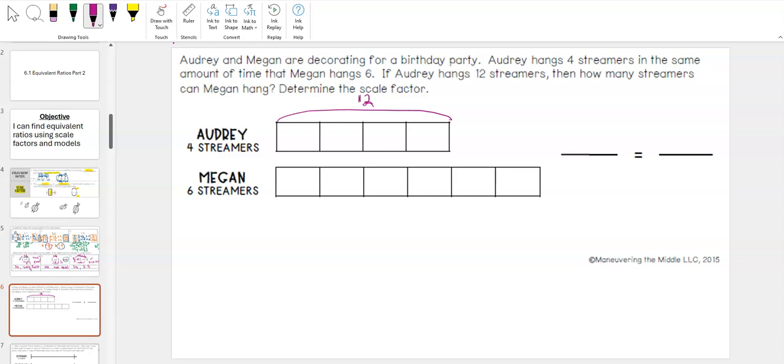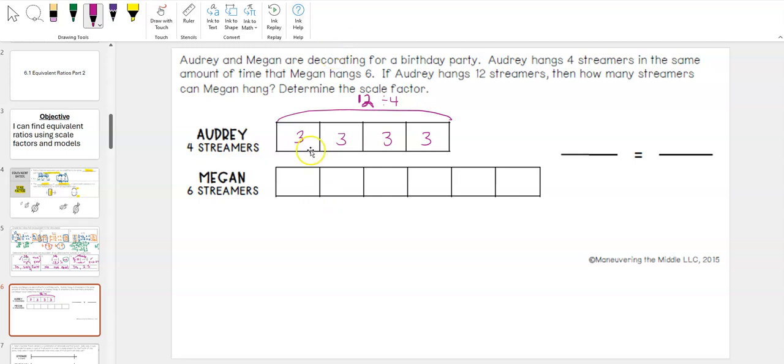We know the ratio is 4 to 6, so for each of these 4 streamer chunks, we do 12 divided by 4, and that gets me 3. So each of these represents 3 streamers, okay?